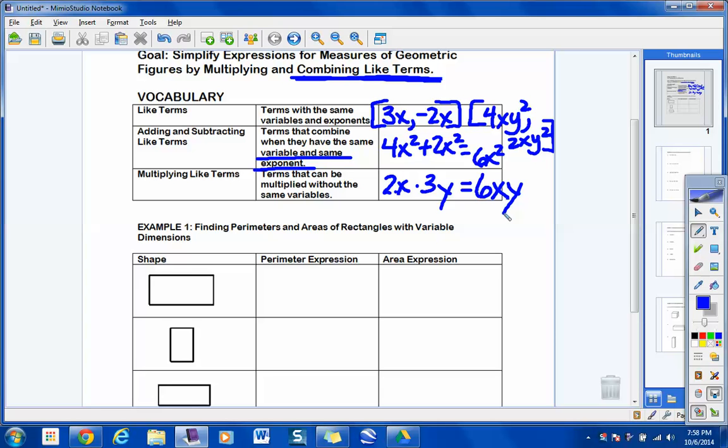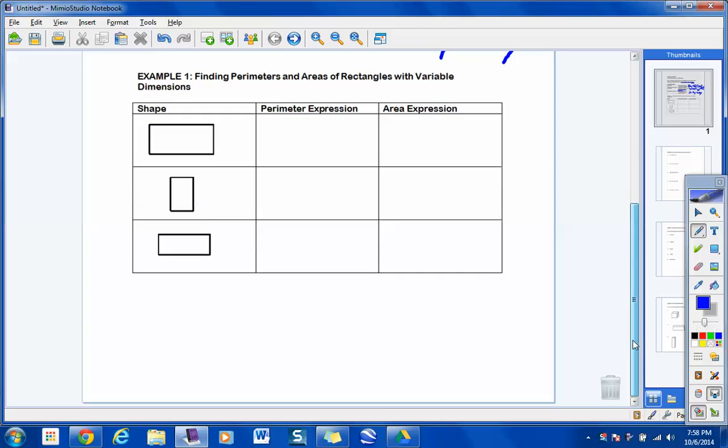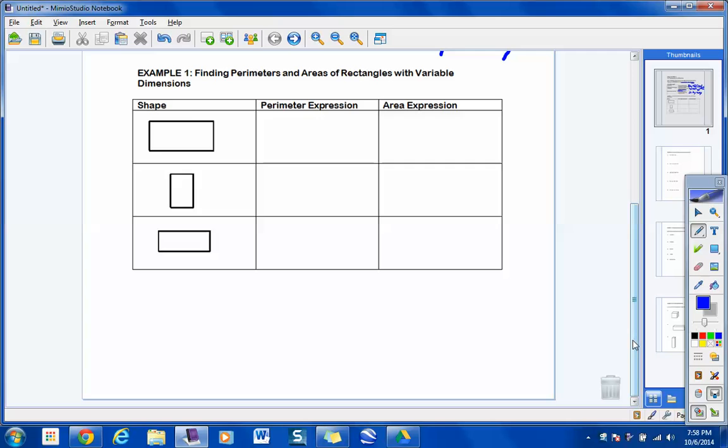And we'll look at more examples like this here in a second, but I think if you see these ideas of perimeter and area expressions down below, I think you'll really understand the difference between adding and subtracting terms as you work through writing expressions for perimeter and area. Okay, that said, let's go ahead and take a look at some of these examples down here. Let's just assume we have rectangles for all three shapes.